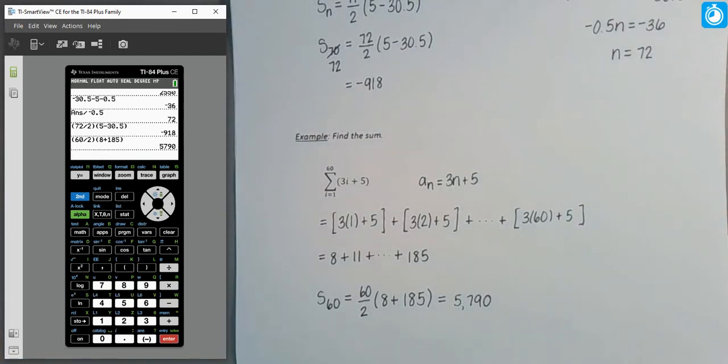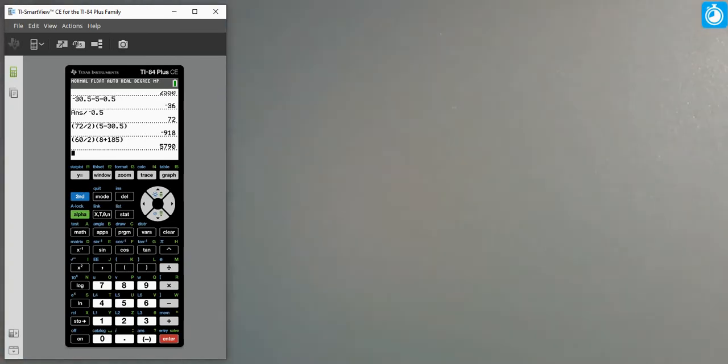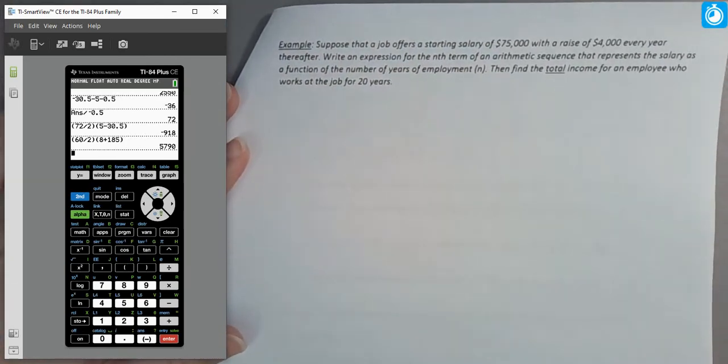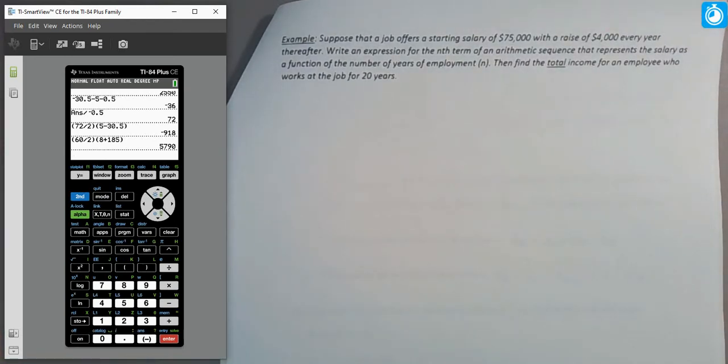Okay. So now that we've had some practice evaluating these sums, let's look at another application problem. An application problem that involves some type of finite arithmetic series. Okay, so suppose that a job offer offers a starting salary of $75,000 with a raise of $4,000 each year thereafter.